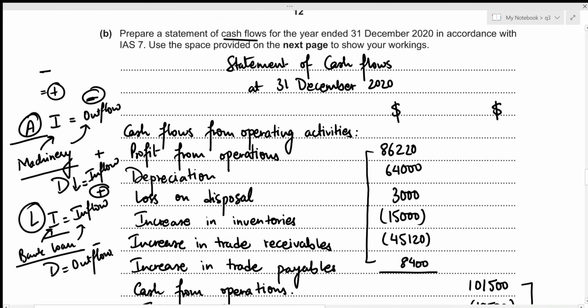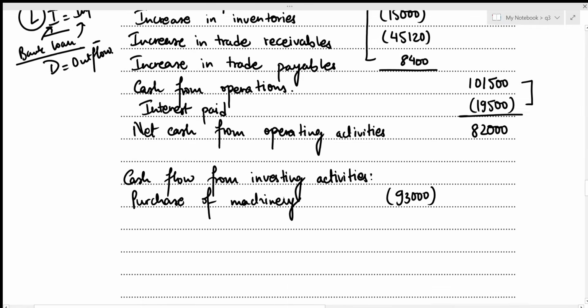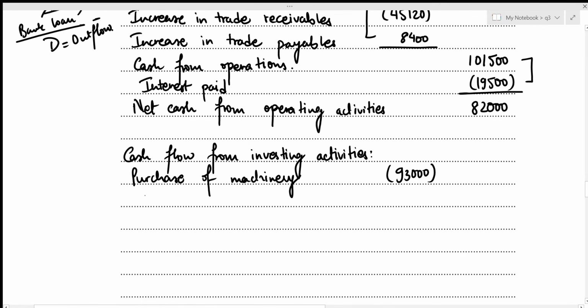And we were also given disposals. Right here, we're told that a motor vehicle was sold for 26,000, which means that we received this amount of 26,000 for selling the motor vehicle. So this is cash inflow, which should be added in our cash flow. Let's write it down. So that's sale of motor vehicles.